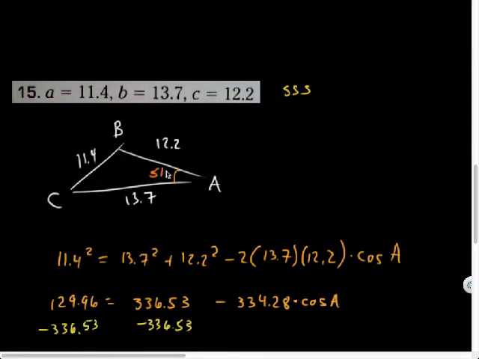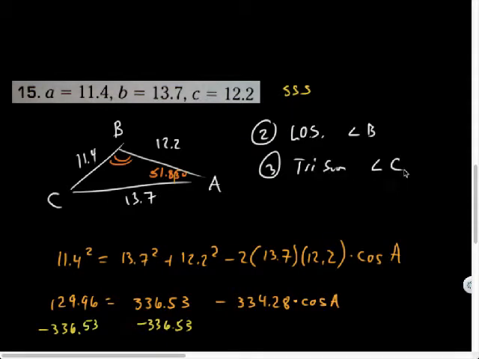And then next you could find angle B, but once I have angle A, you've got a side and an angle, so I'd recommend law of sines to find angle B, which I'm actually not going to take the time to do out. So law of sines to find angle B, and then step 3, I would use the triangle sum to find angle C. But you guys have seen that a whole bunch, and I want to get to the next problem as well.